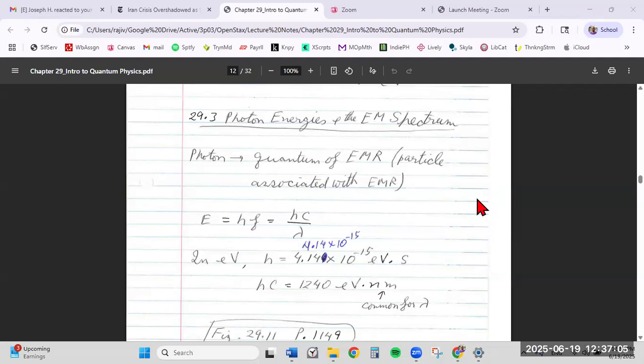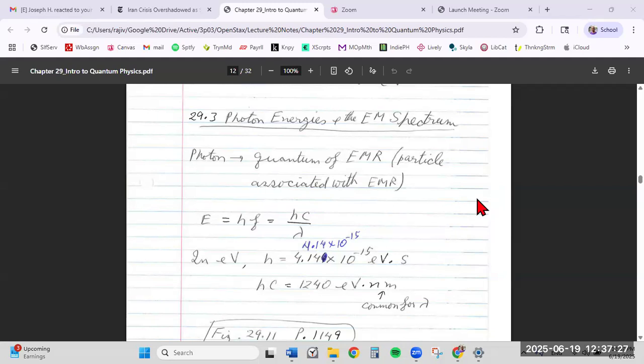The next idea, or the next observation, which strengthened the foundation of quantum physics was the photoelectric effect. To explain the photoelectric effect, it was observed that light had to be treated as made up of particles rather than waves.